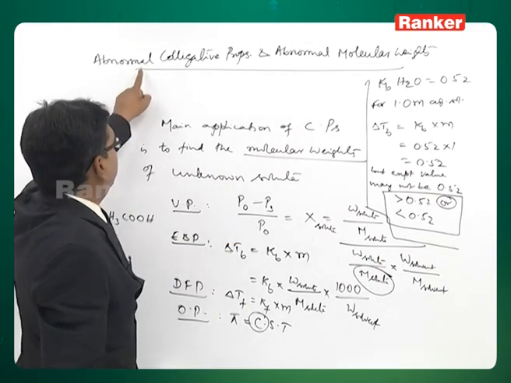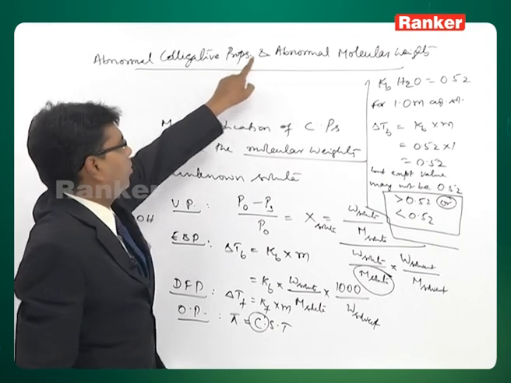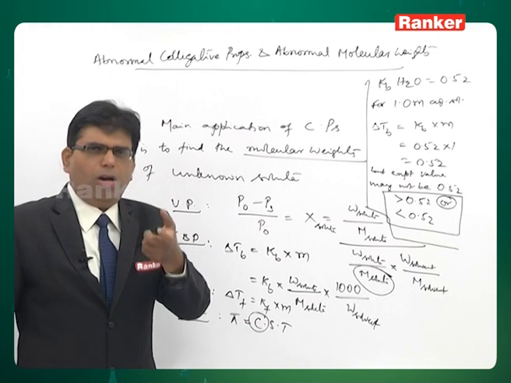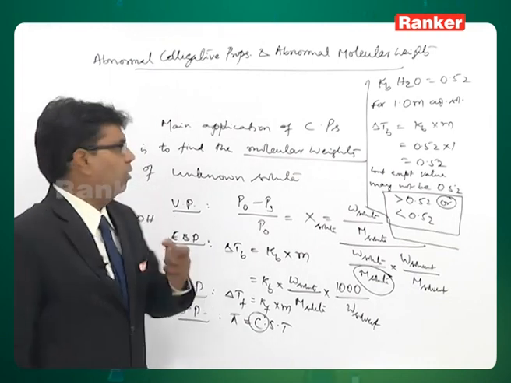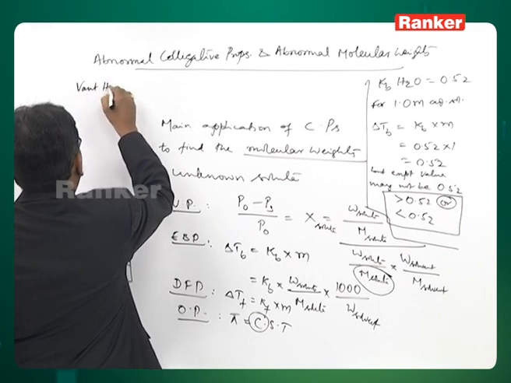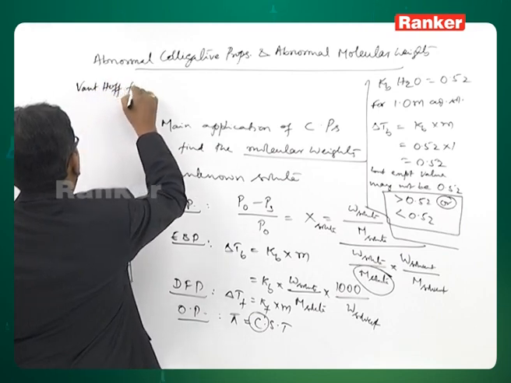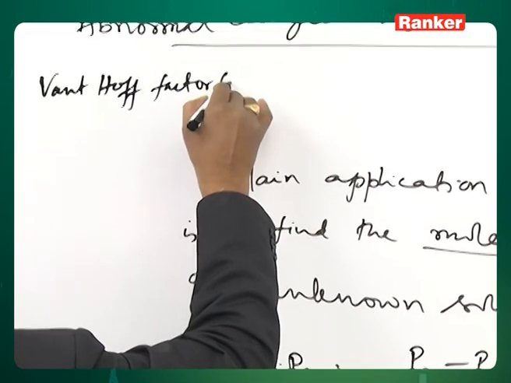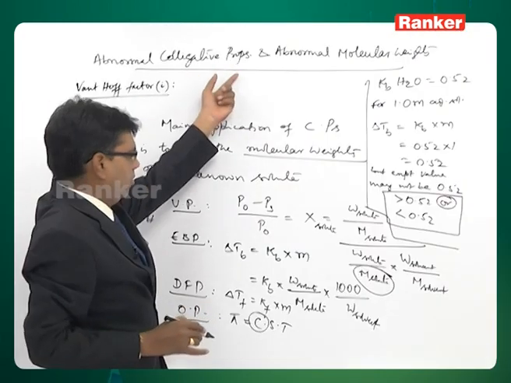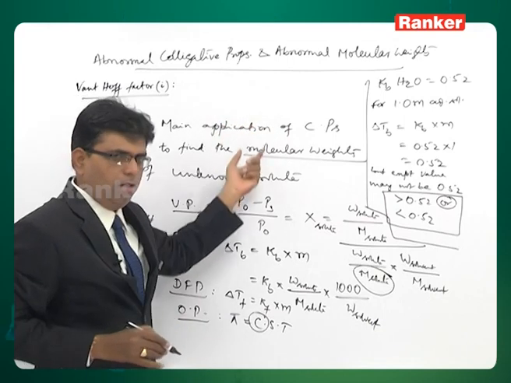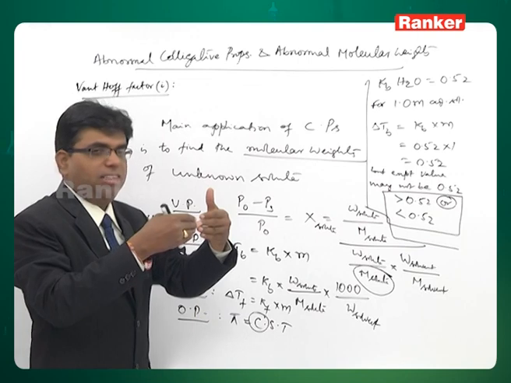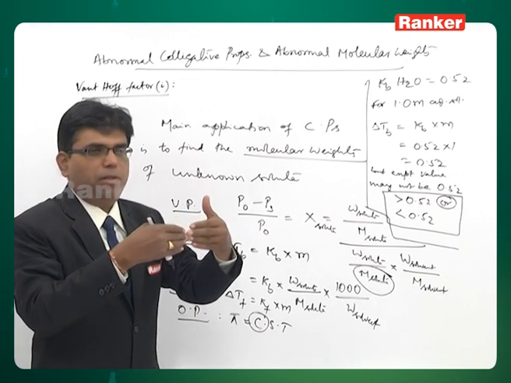That is what we mean here by abnormal colligative properties and abnormal molecular weights. Then how to correlate these two? For this, we introduce another term called the Van 't Hoff factor. Now, we will discuss what exactly dimerization is, how it takes place, what this Van 't Hoff factor is, and how to relate these theoretical and experimental values.